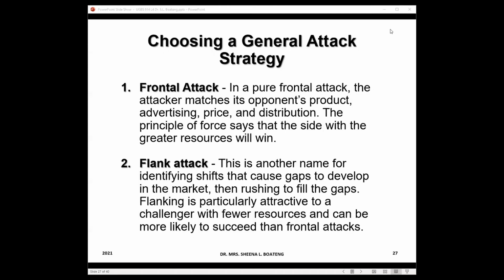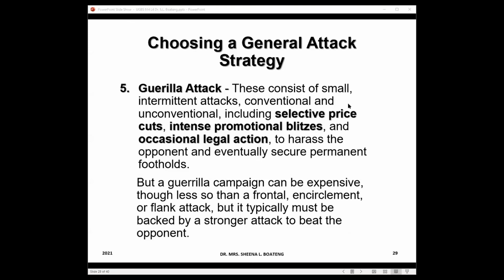What form of marketing approach is that? By explicitly mentioning your competitor's name, that their product is not good, in your process of marketing. That's a guerrilla attack.